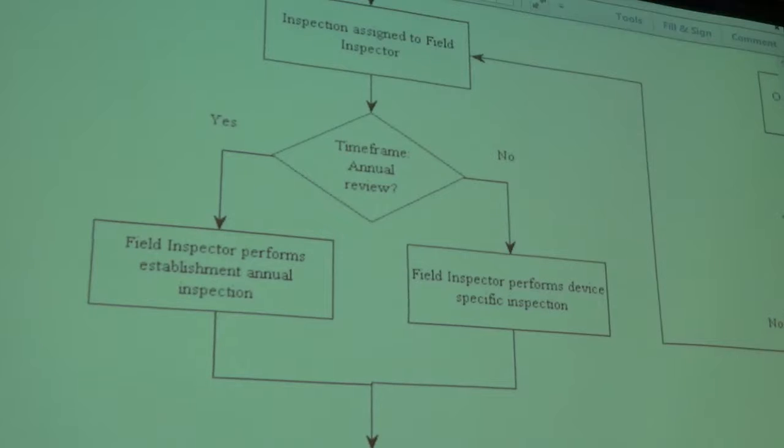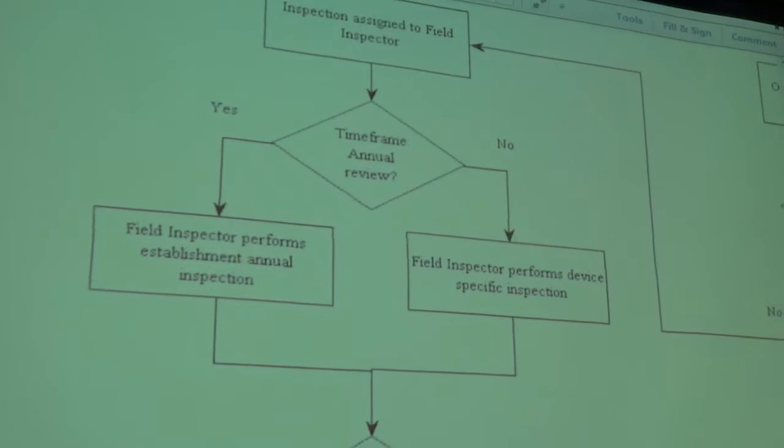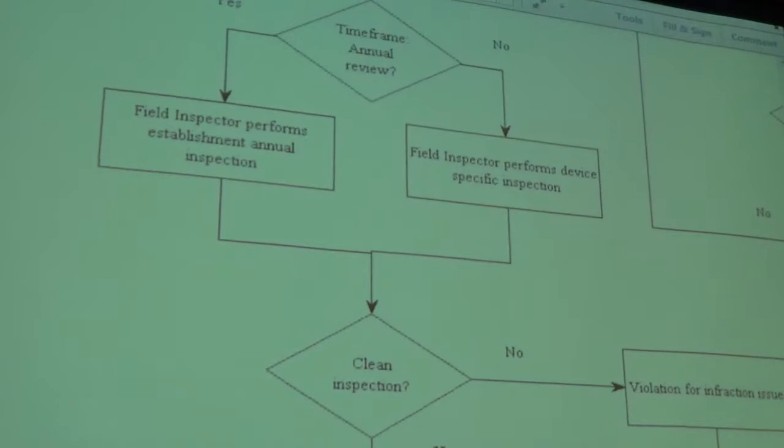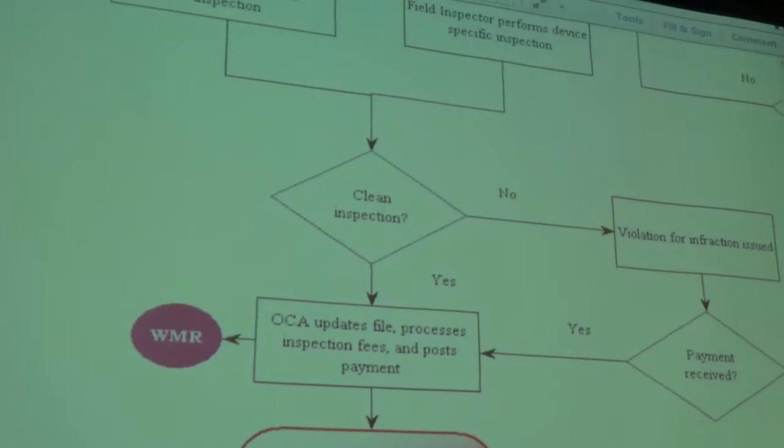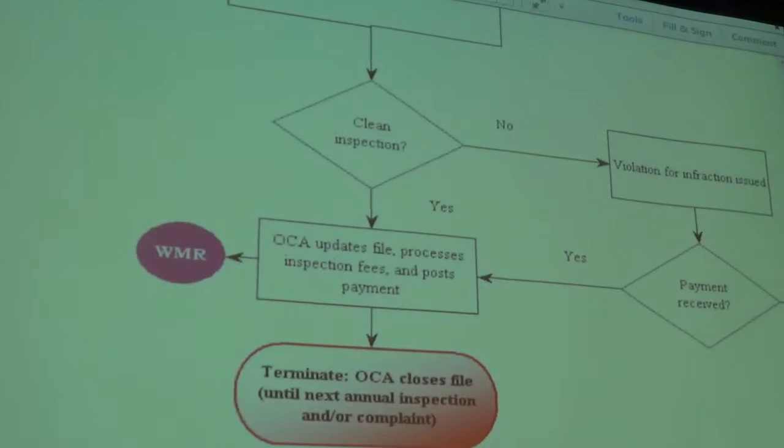Is there an annual review, yes or no? If it's yes, that leads to another decision point. Is it a clean inspection, an inspection that was satisfactorily met? If it's yes, OCA updates the file, processes the inspection fees, and then there's another process on the revenue side again, and then it terminates the case.